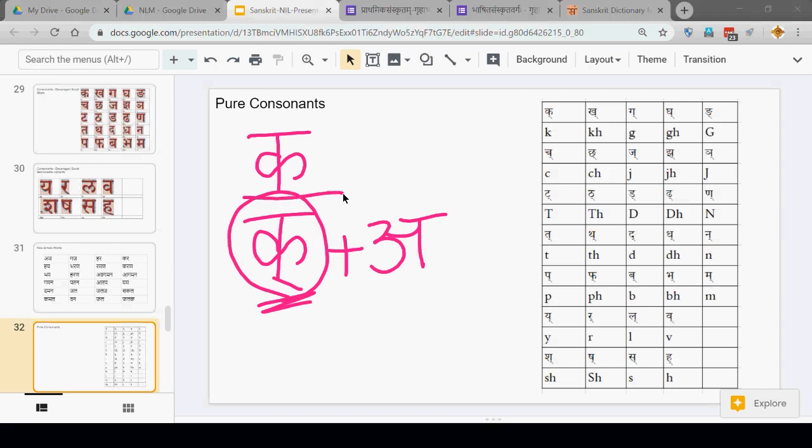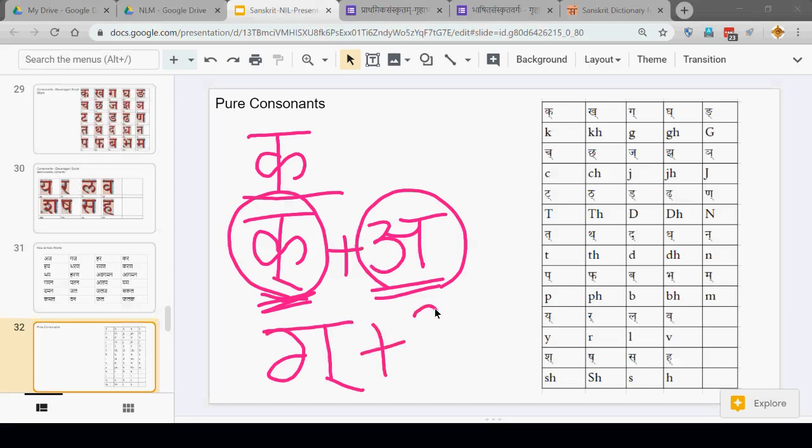One is this part, the sound of ka, and then the sound of vowel a is added to it. Same thing when I say ga, there is a sound of pure consonant and there is a sound of a added to it.